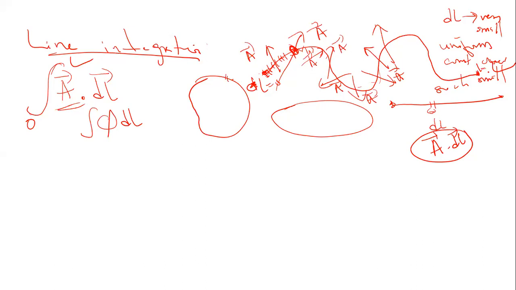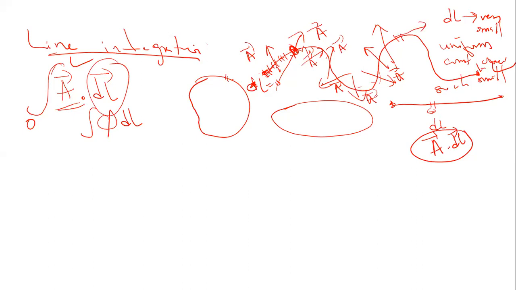And here this element, this infinitesimally small segment, is also sometimes given a vector sign. The vector sign is given because this line element vector is considered to have a direction along the tangential direction.